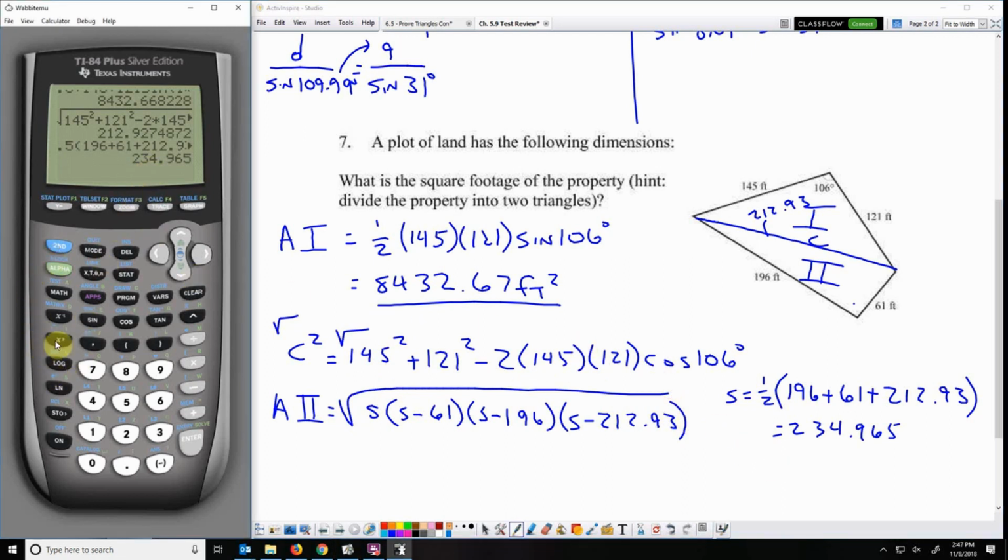So I'm going to do square root of my most recent answer, which is S, times S minus 61 times S minus 196 times S minus 212.93. So I get 5,924.15.